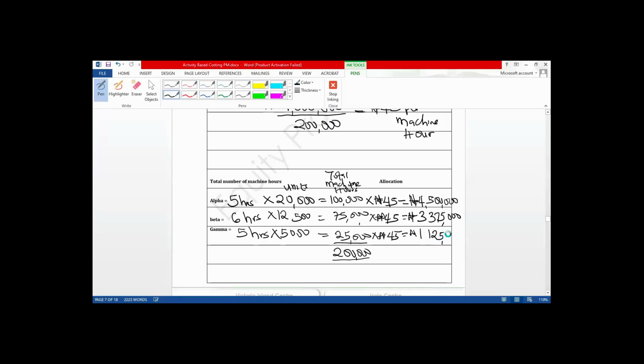If you now add up 4.5 million plus 3.375 million plus 1.125 million, it must give you back 9 million, which is the total machine overhead.